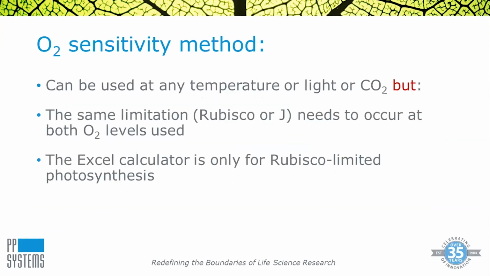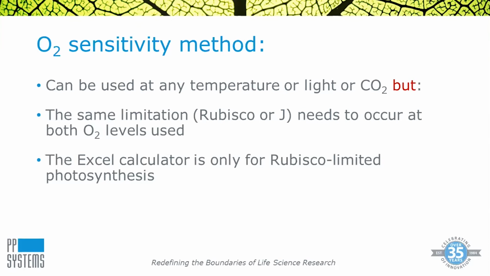The oxygen sensitivity method can be used at any temperature or light or CO2. But there's a big but, and that is that the same limitation to photosynthesis, either Rubisco, VC max, or J, needs to occur at both oxygen levels that you're using. And it turns out that this Excel calculator, which does this calculation quickly for you, is only developed for Rubisco limited photosynthesis.